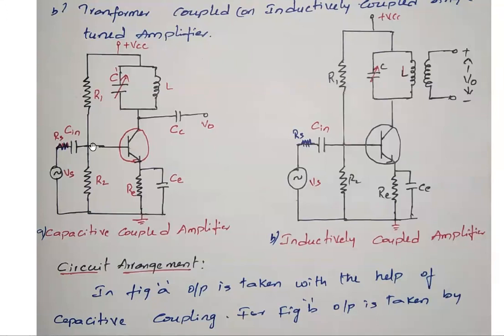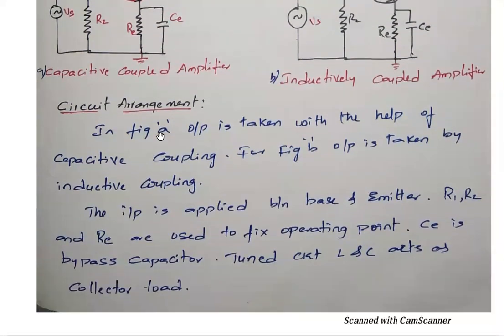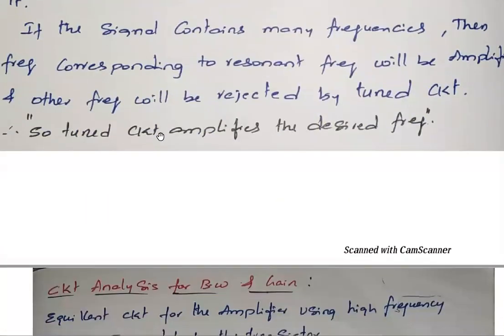For this circuit, this transistor is now being replaced with the hybrid pi model. What are the components? Verify: R1, R2, RE, C dash, inductance L, emitter resistance RE, and bypass capacitance C.